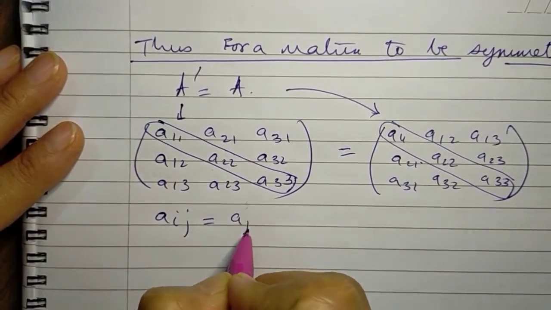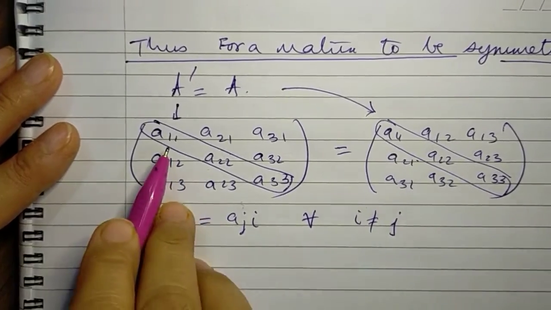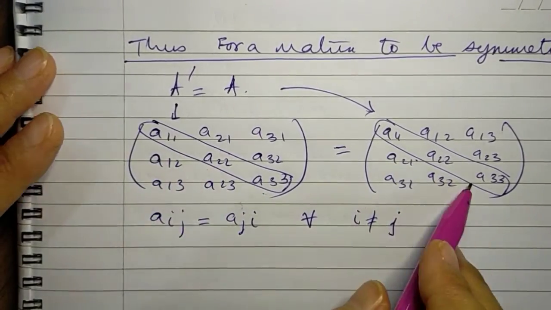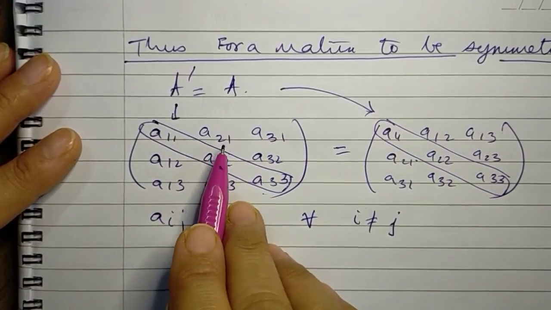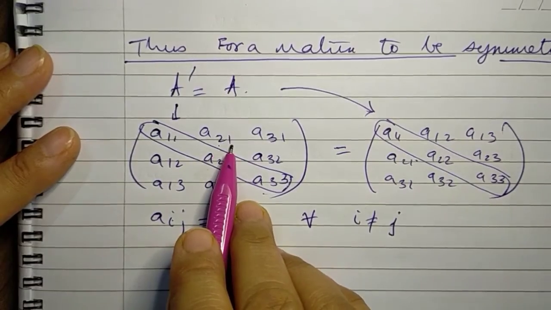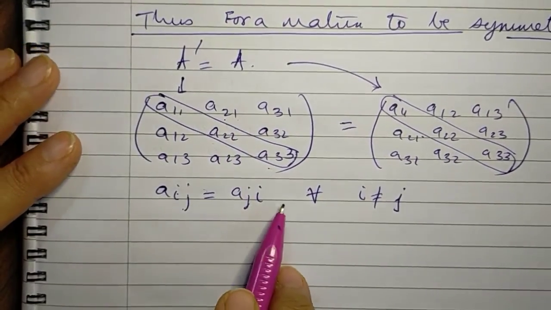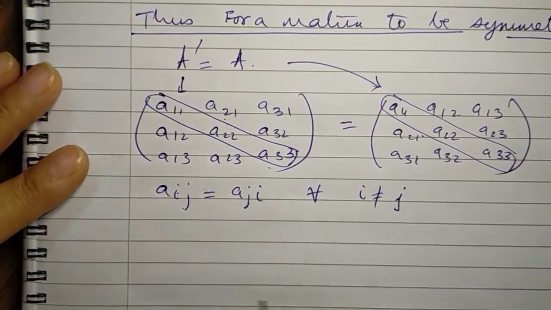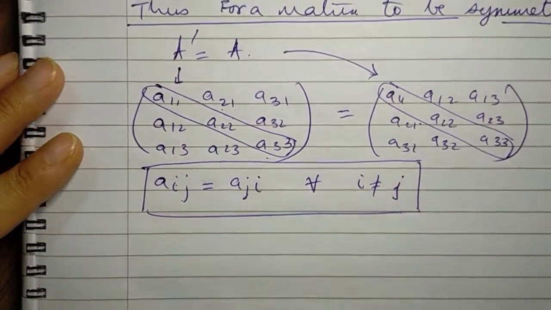Aij should be equal to Aji for all i not equal to j. The principal diagonal in any case remains the same. So whenever i is not equal to j, meaning 2 and 1, it should be equal to 1 and 2. Aij should always be equal to Aji. So this is the criteria for a matrix to be symmetric.